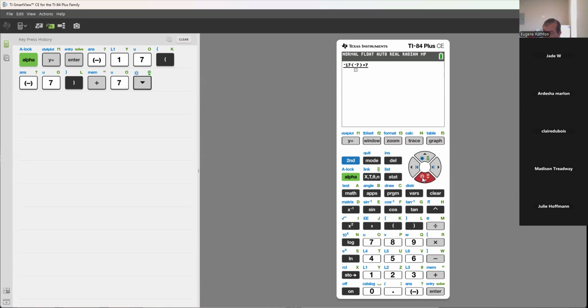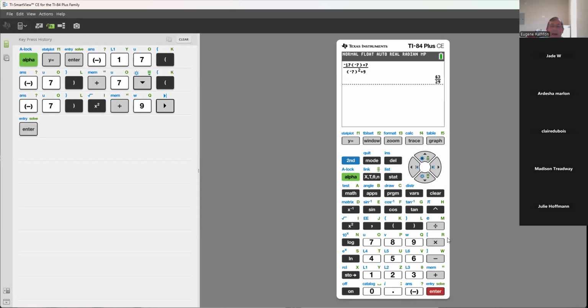Then I would arrow down and do negative 7 squared. Since I'm squaring a negative number, I'm putting that negative number in parentheses and then squaring it and doing my plus 9. So y'all just remember, negative numbers need parentheses when you're squaring them, okay? When I hit enter, it gives me the final answer of 63 over 29.